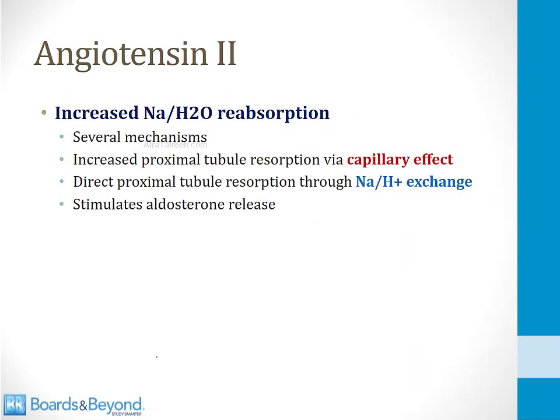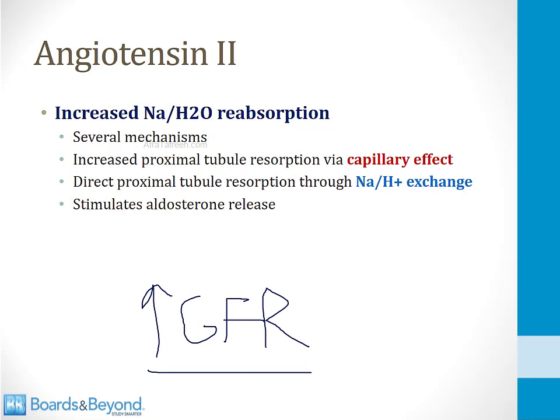So even though angiotensin II increases the GFR, it does not increase the amount of sodium and water that go out in the urine, and that's because coupled with this rise in GFR, angiotensin II promotes more sodium and water reabsorption so that on balance, we send less sodium and water out in the urine. There are several mechanisms by which angiotensin II increases sodium and water reabsorption.